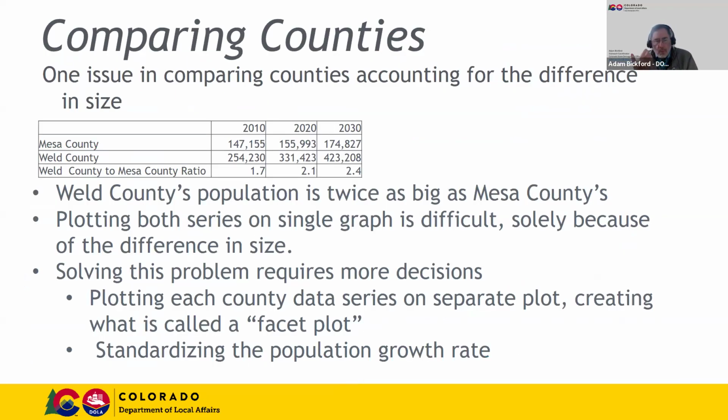Now, one of the issues that comes up when we compare two counties is that every county is different and has a different size. Here, Weld County, which is the fastest growing county in the Front Range, is about twice as big as Mesa. So if you were to plot both of those on a single graph, you would see the population growth in Weld County, but you'd see kind of a straight line for Mesa, just because of the magnitude of the total population on the vertical axis.